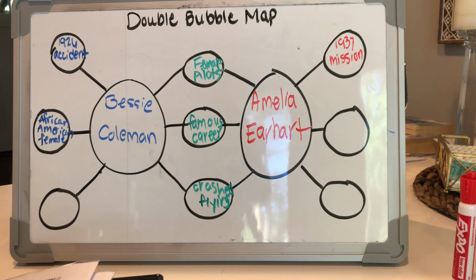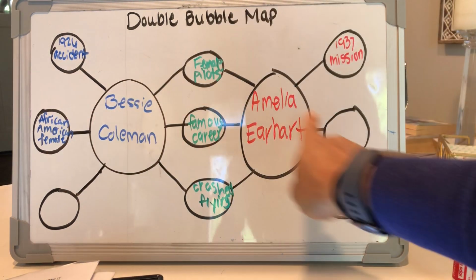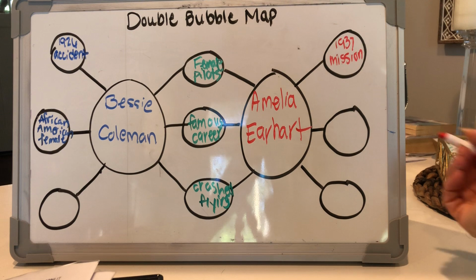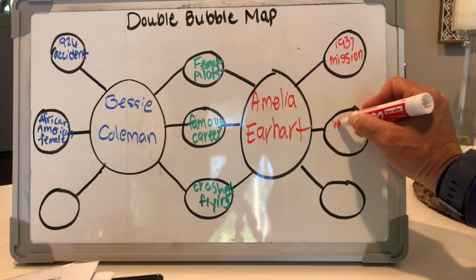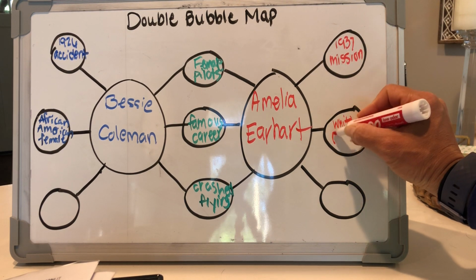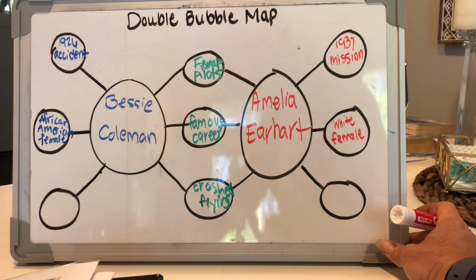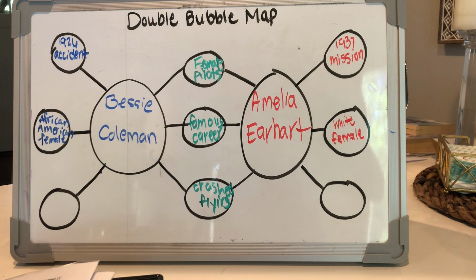Please excuse my handwriting. And then I'm going to come on over to Amelia Earhart. And Amelia Earhart was Caucasian or a white female. So that is a difference. Still on topic though.